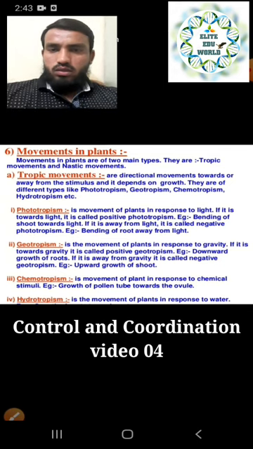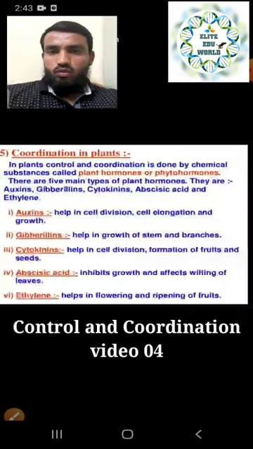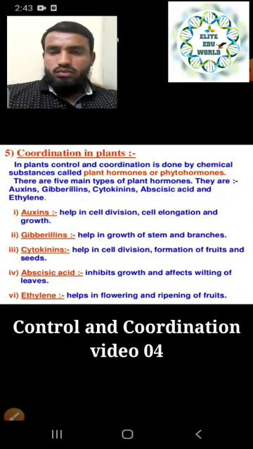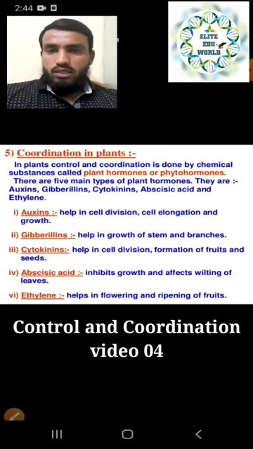Write down the important points in your notebook. What is movement in the plant, the two types of movement, trophic movement and nastic movement, types of trophic movement, right? Coordination, and examples of the hormones which control the growth, movement or coordination in the plant.